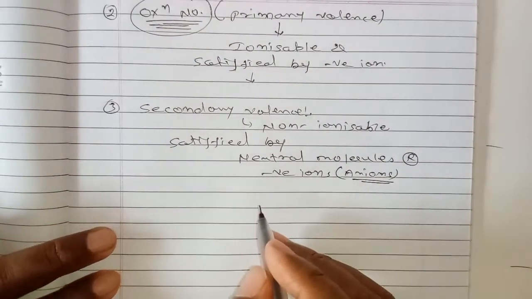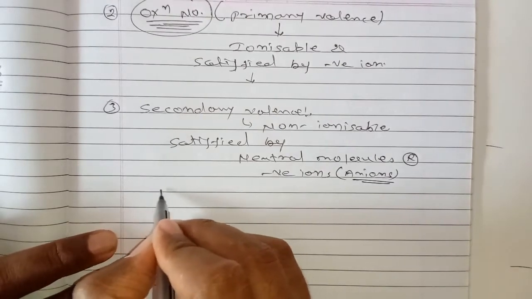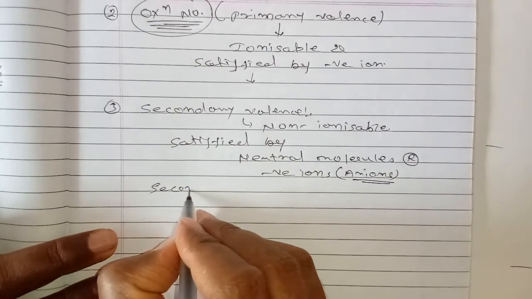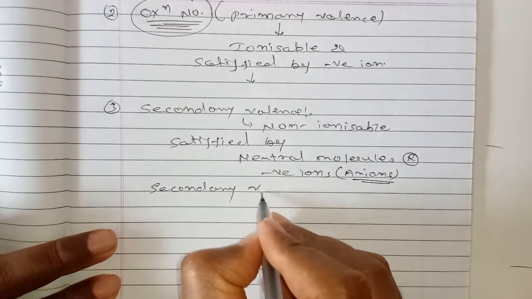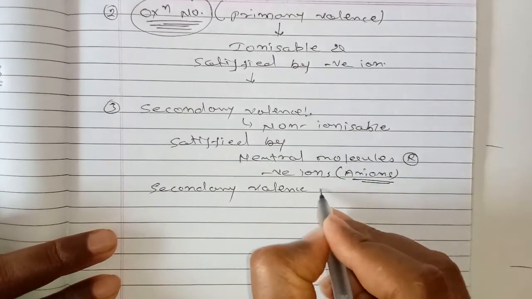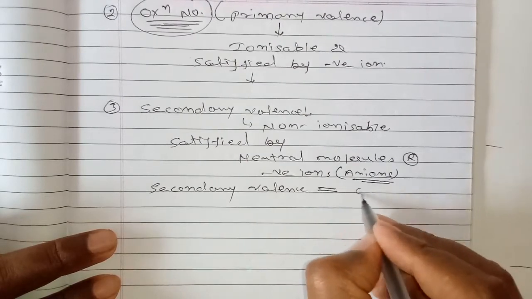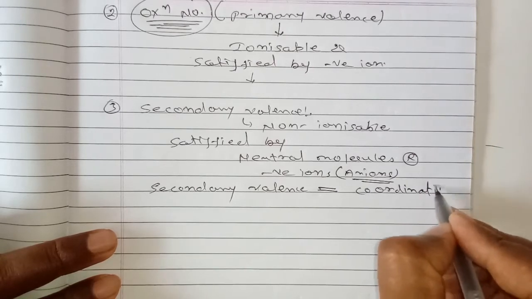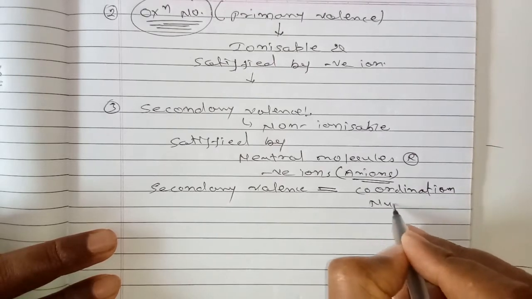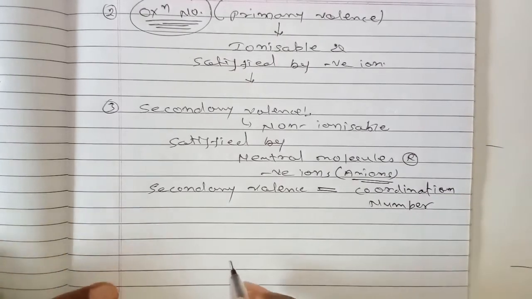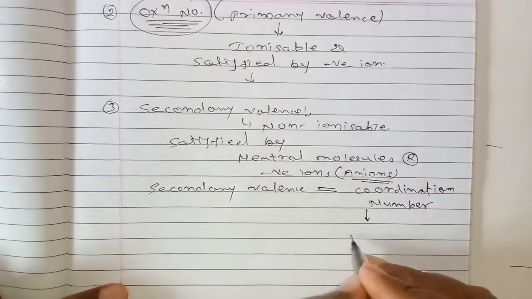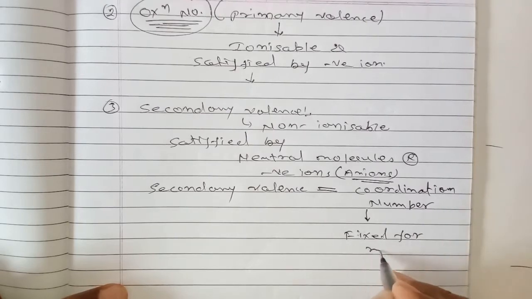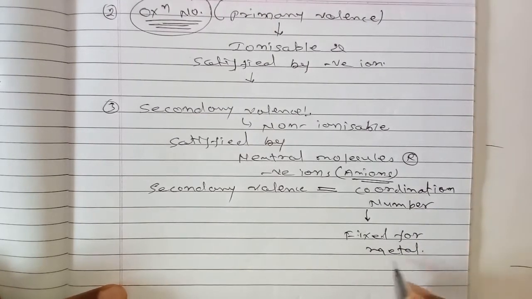So here the secondary valence is equal to the coordination number, and they are fixed for the metal.